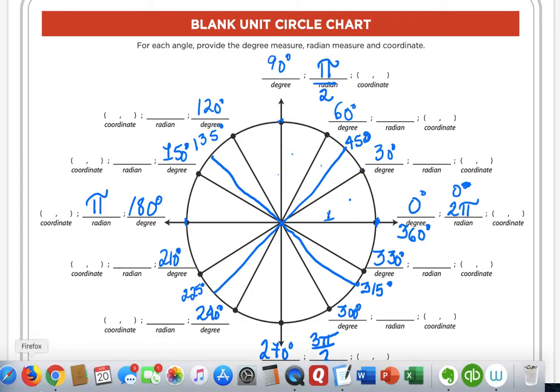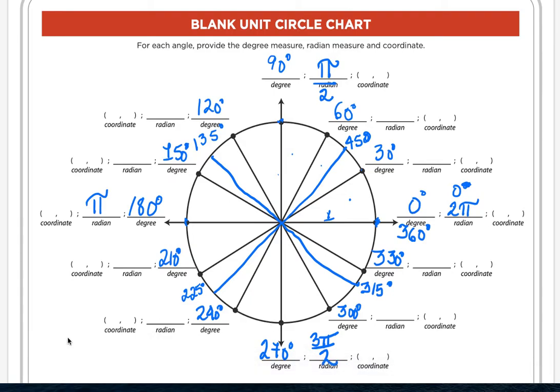Well, they're each 30 degrees, but I've got 12 of these pieces going all the way around. And I got 12 divided by, that's going to be going into 2 pi, essentially, right? So each of these things is really worth pi over 6, okay? So this first thing right here is pi over 6.